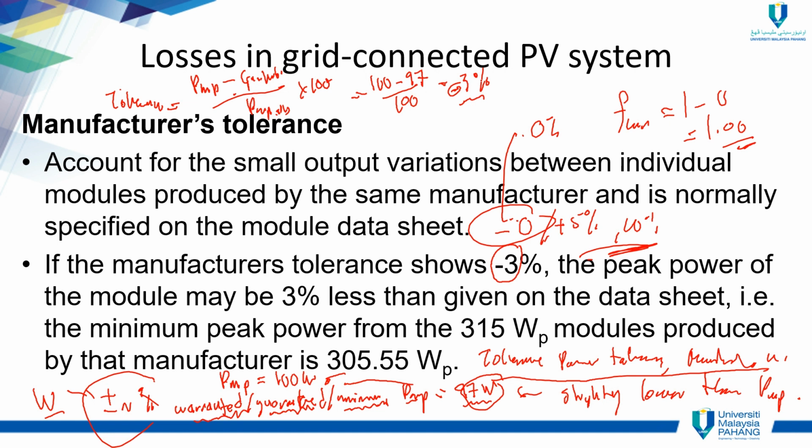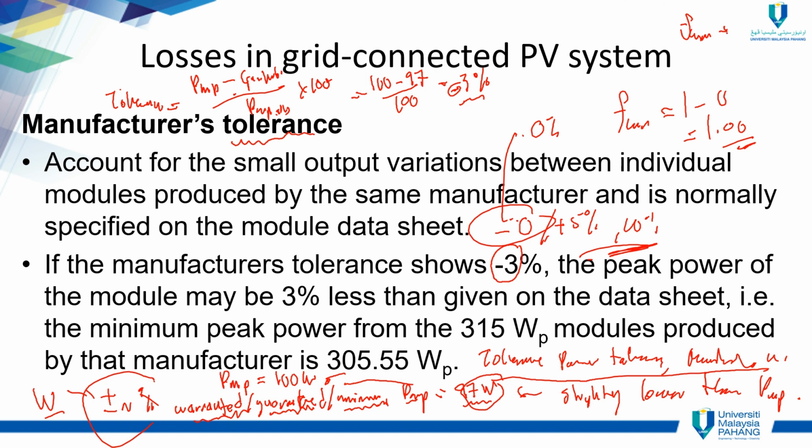Kalau value tolerance tak bagi dalam data sheet, then kita calculate lah. So calculate macam yang saya ajar ni lah. Ke tak clear? Tak faham soalan. Okay. Kalau manufacturer tolerance tu tak bagi value tu, kau cari-cari tak jumpa langsung, percentage plus minus 3% apa semua tak jumpa, so nak buat macam mana? Sebab kita ada calculation yang kita perlukan FMM tu, means that kita perlukan lah tolerance tu.